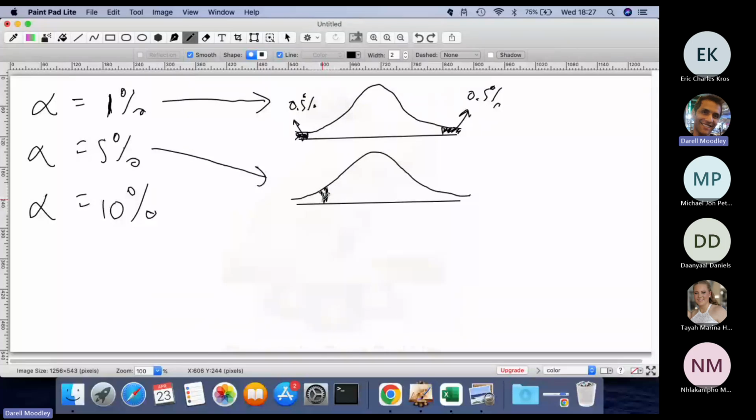Let's make it bigger so you can see the difference between the top graph and the bottom graph. Now it's 2.5%, and here it's 2.5%.